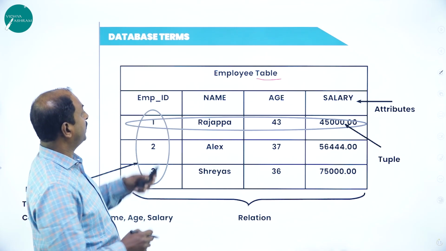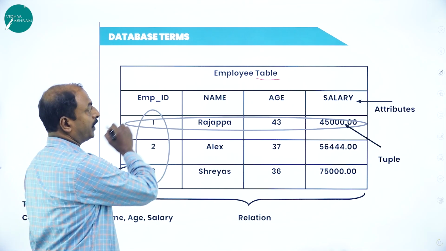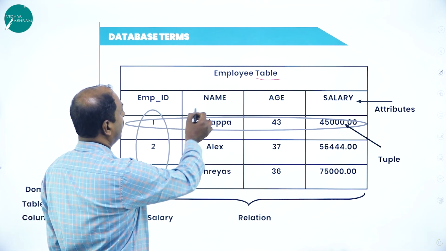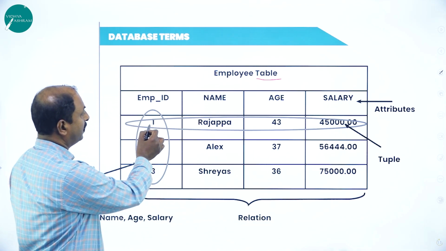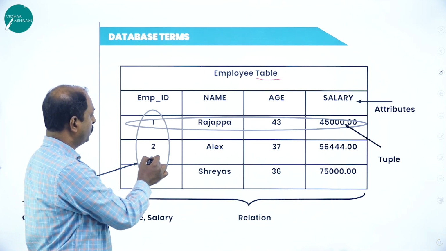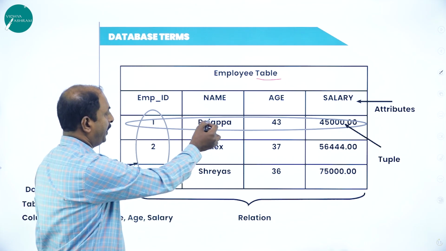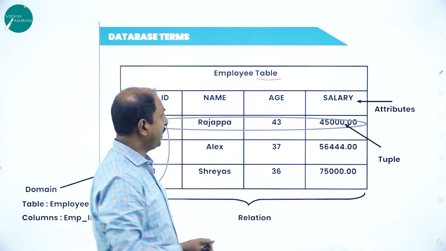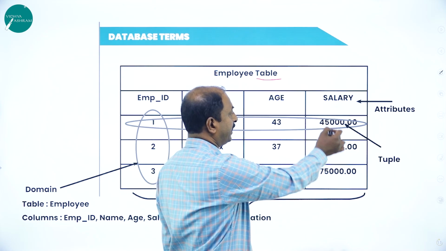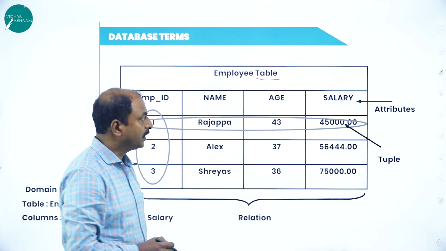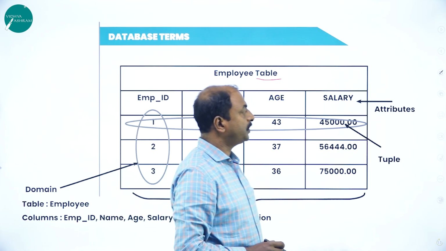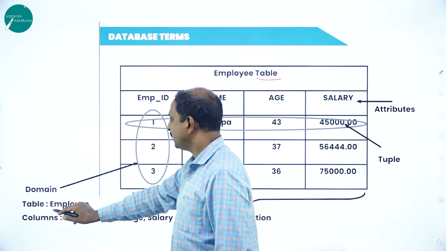Now, look at this here, EMP-ID. This is one of the columns here, name, age, salary. And these are the values, 1, 2, 3 are the employee ID, the different employees' names, and age and salary. These are nothing but different values or records. And here, if you look at this table, the name of the table is employee.